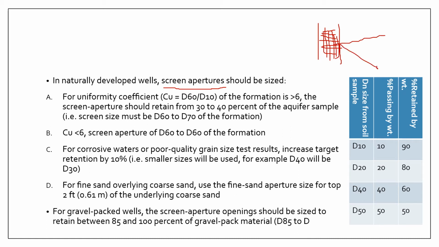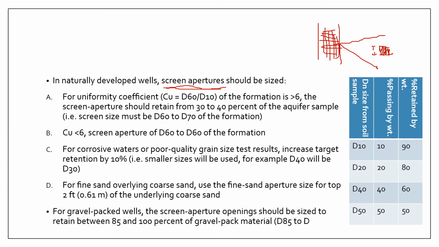And if you zoom in, this will actually consist of multiple tiny openings. All right, so as I have mentioned earlier, the size of the screen apertures will depend on the grain size distribution of your aquifer formation.